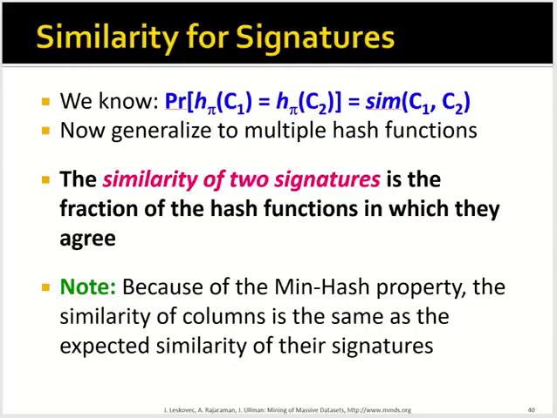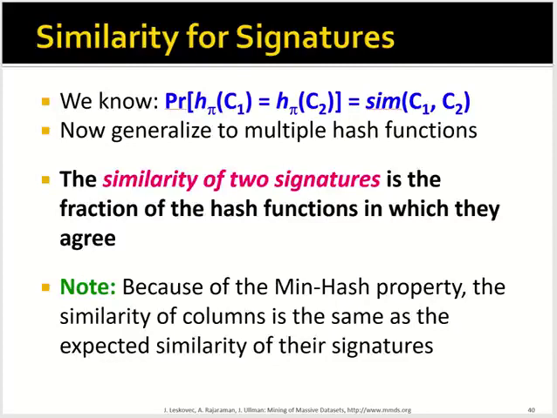Because we have proved that the similarity of signatures is equivalent to the similarity of the original columns, we can generalize this conclusion to multiple hash functions.